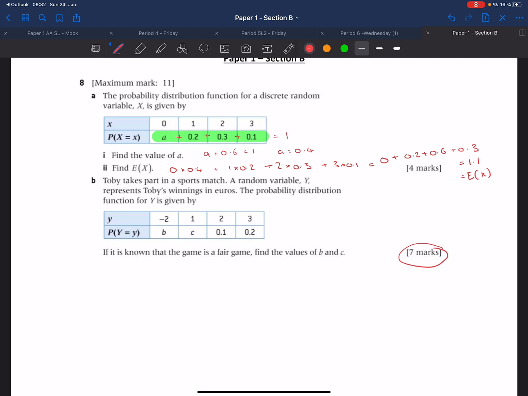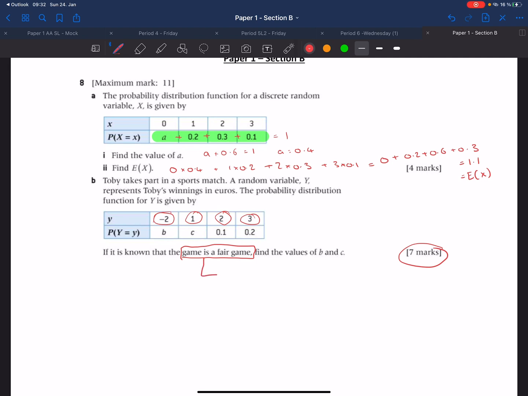You'll notice one of these is negative. I'm assuming that's if he loses the sports match, then he will lose 2 euros. And then there's also the probability that he'll win 1, 2, or 3 euros. It gives us the probability distribution, and then it tells us it is known that the game is a fair game. That is the essential bit for us, and it asks us to find the values of B and C.